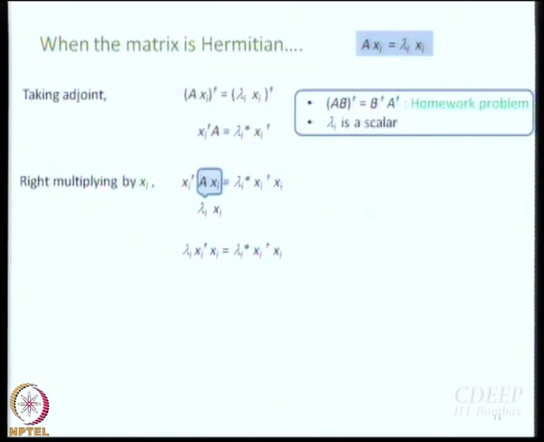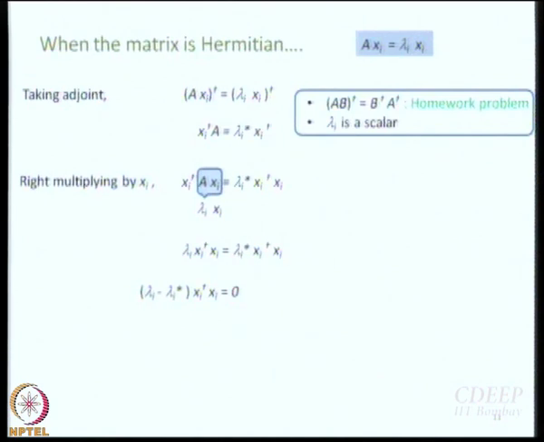So lambda I xi dagger xi is equal to lambda I star xi dagger xi, right. What is the next step? Make one of the sides 0. So you have lambda I minus lambda I star multiplied by xi dagger xi equal to 0.